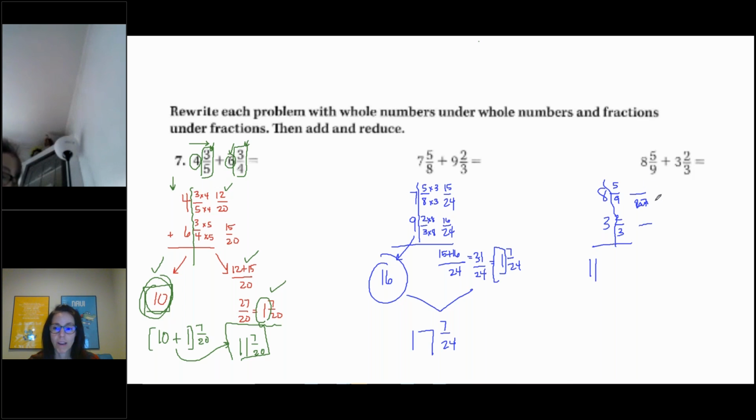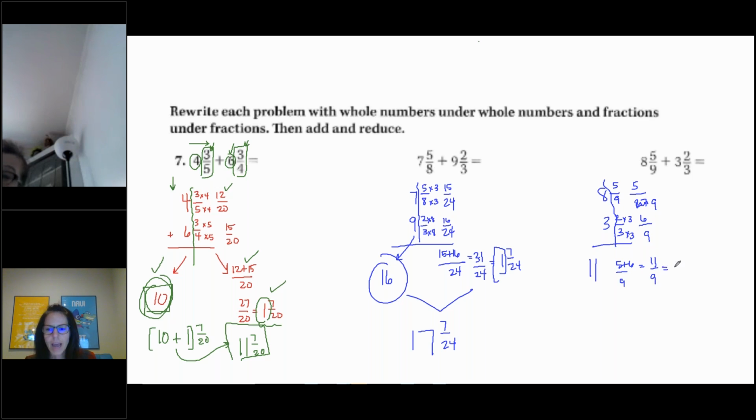Yes, I wish I knew where the eraser was, but we're going to use 9. So 5/9 is the first one, and then multiply the top and the bottom by 3. It gives you a 6 on the top. Copy your denominator, add the tops. So you have 5 plus 6. It gives you 11 over 9.